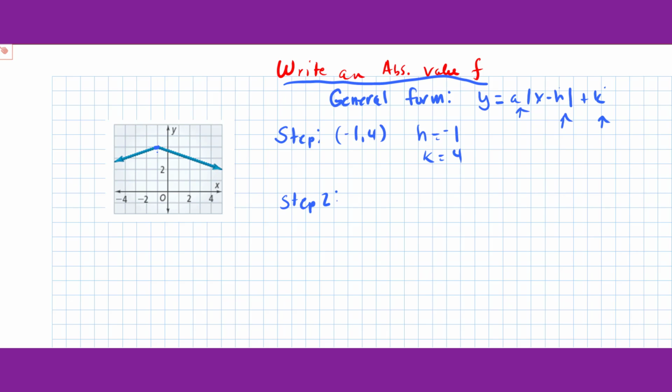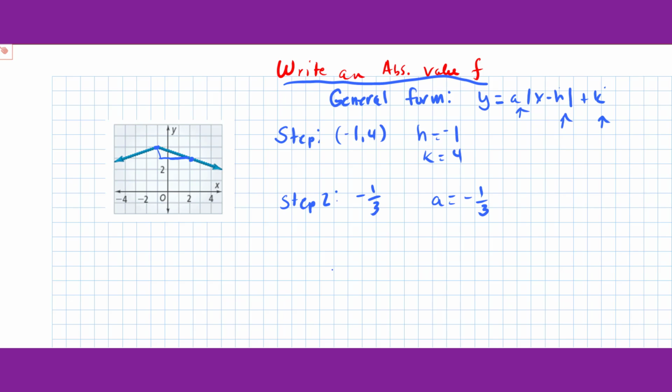We can go down 1, so that's going to be negative 1, over 3. So -1/3. I've identified it as -1/3 using rise over run from the vertex. Because I went down, that's negative. So what is my a value then? My a value equal -1/3.